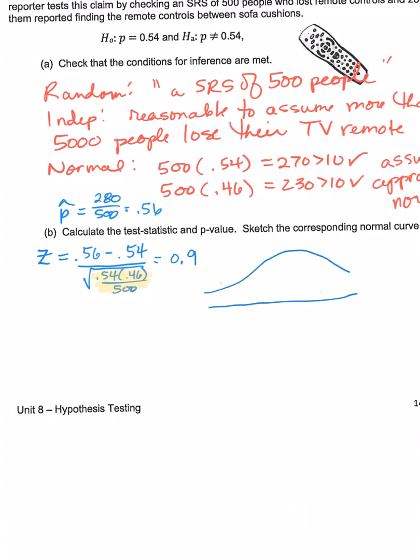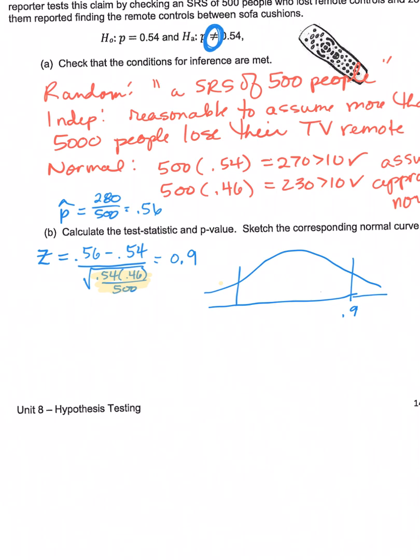So when I draw this curve, I need to find what? I've got my z-score, not my p-value. So my z-score is what? 0.9 is here, but what did we know about our HA? HA is what?